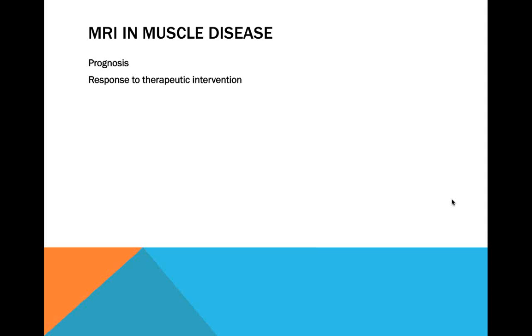But the hope is also to get ways of developing sequences that can help measure response to therapeutic intervention, such as for all the gene therapy trials that are coming up, or the other drug trials that are coming up. Ideally, that would be something it could be used for.